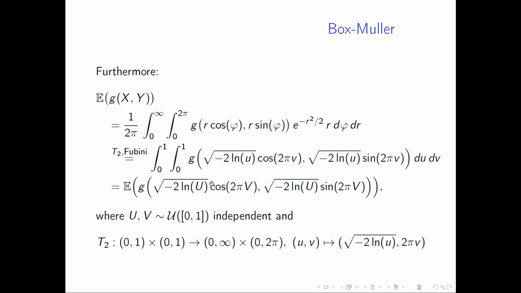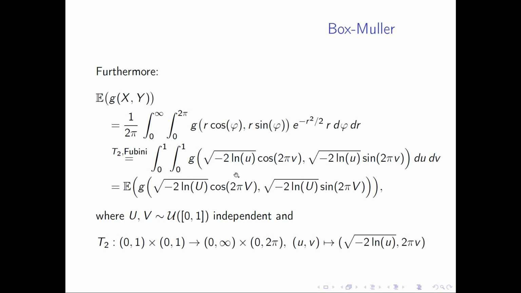So this is in fact the expectation of g of, and now in the first and second component, we have a random variable capital U, which is uniformly distributed in 0, 1, and here instead of the small v we have the large V, also uniformly distributed in 0, 1, and both are independent.